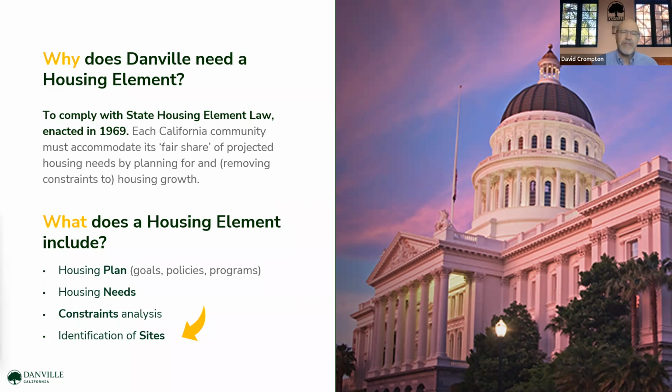That's a major issue in a lot of communities. It looks at the non-governmental constraints, which the big ones are the cost of land and the cost of construction. And then governmental constraints, such as the amount of time it might take to process an application or the city or regional fees that might be imposed on a project. And then the most important and the biggest lift here for our community and most is the identification of sites. Next slide, please.